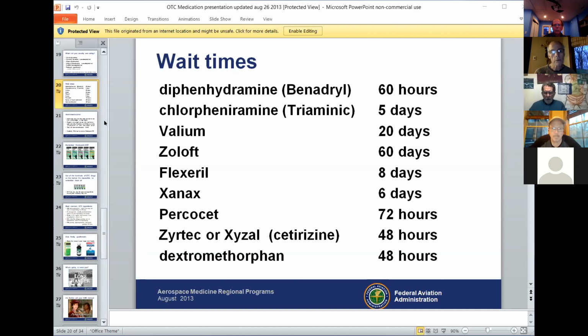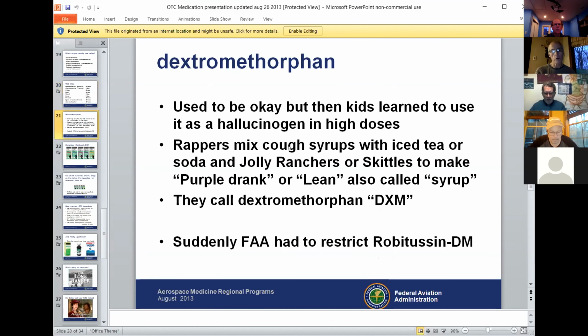They were abusing dextromethorphan, so I think they had to either restrict it or delete it from the pharmacy.